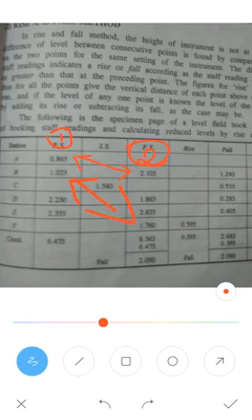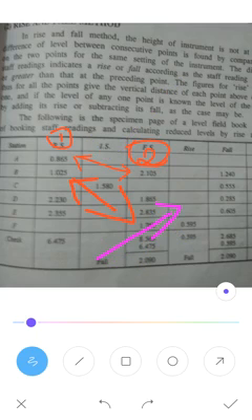Sorry, I will take it in another color. Whatever numbers are in this zigzag manner, you should never take them. Whatever I'm showing in the orange color, only this you have to take. This shape you should not take into consideration.